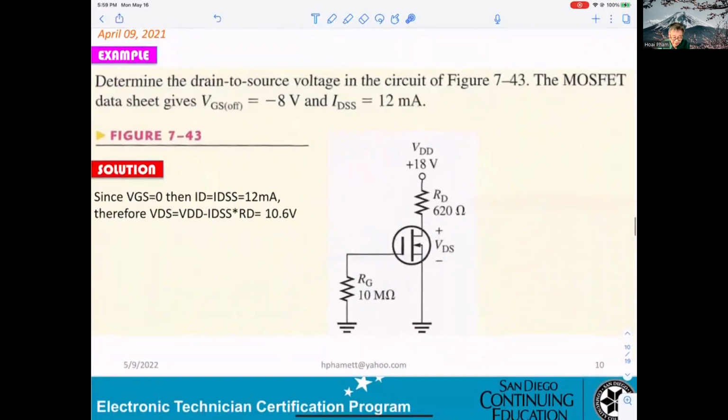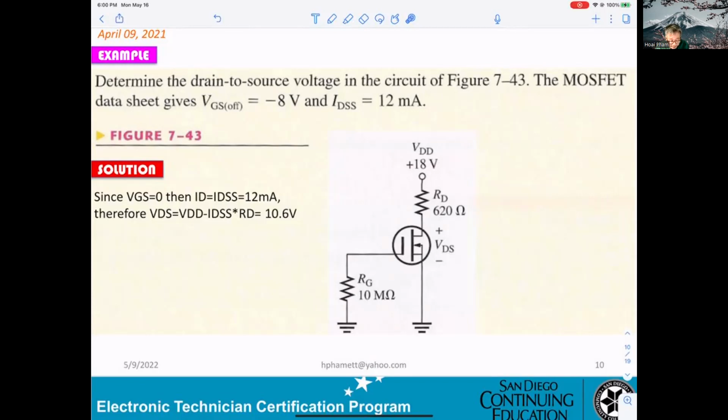Okay, see what example here. Determine the drain-to-source voltage in the circuit shown. The MOSFET data sheet gives VGS(off) equal -8 volt and IDSS equal 12 milliamp.